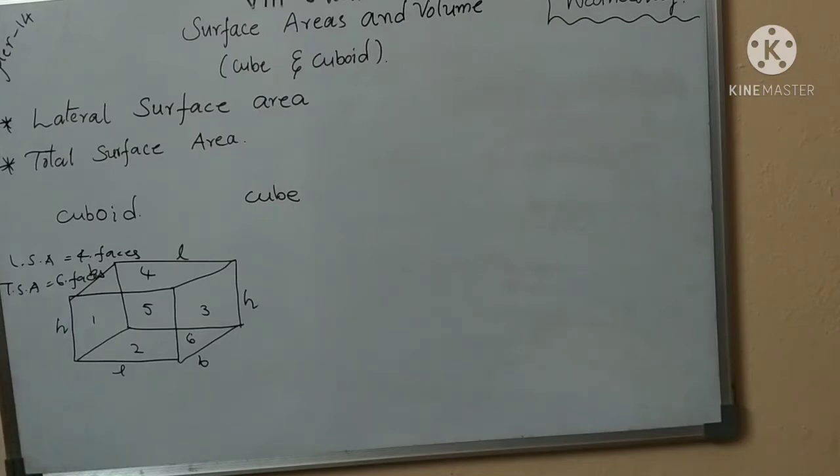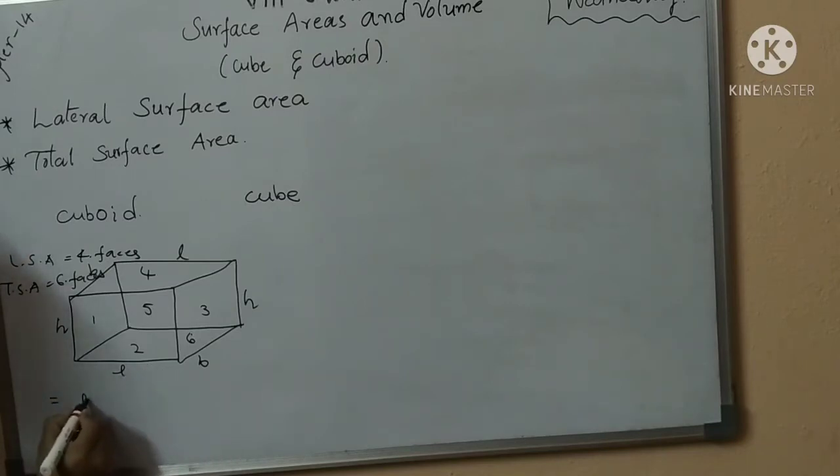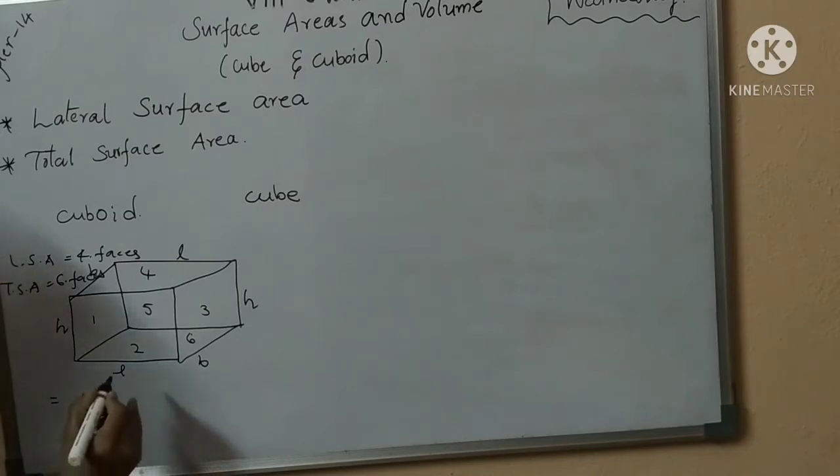Now let us find the formula for lateral surface area and the formula for total surface area. We know the length, breadth, height.